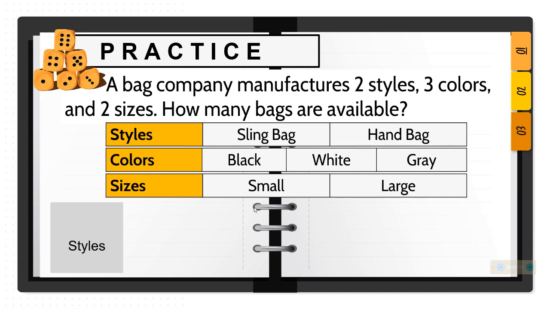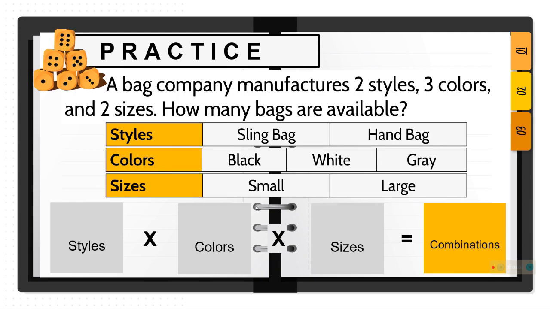And for us to solve this, you are going to take note of the number of styles, colors, and sizes. And you are going to multiply them because we are going to use the FPC or fundamental principle of counting instead of using the tree diagram, listing method, or systematic listing and table form.